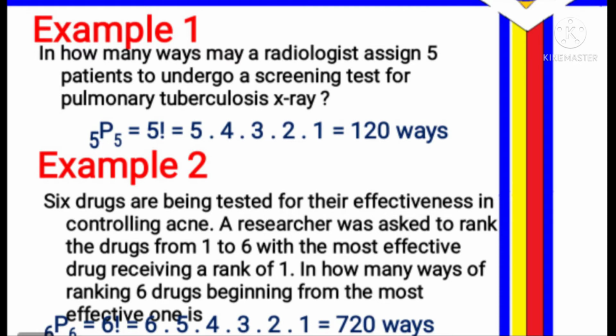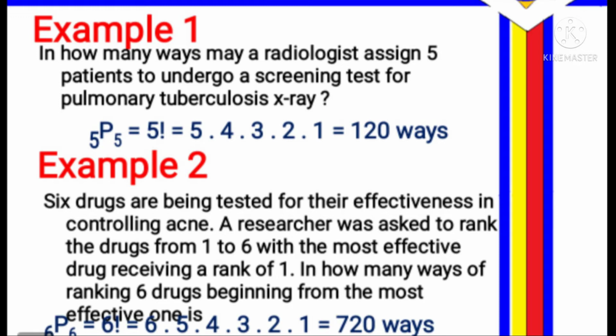Example number 2. 6 drugs are being tested for their effectiveness in controlling acne. A researcher was asked to rank the drugs from 1 to 6, with the most effective drug receiving a rank of 1.